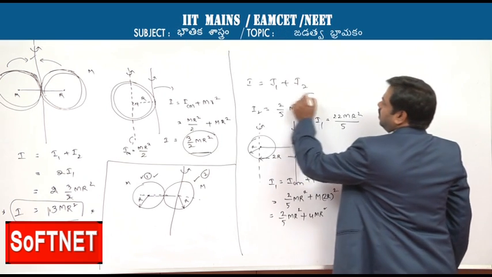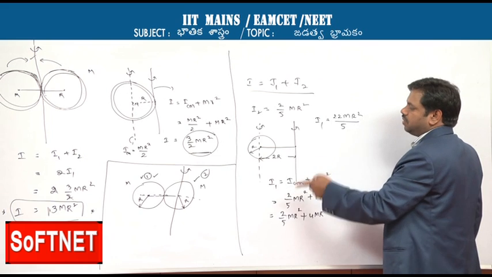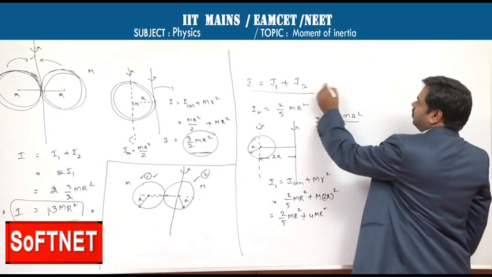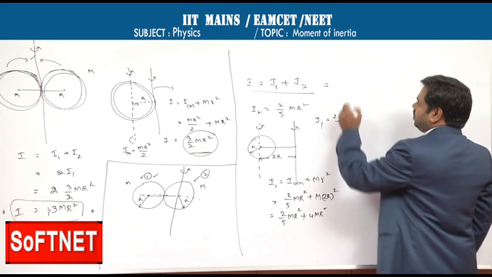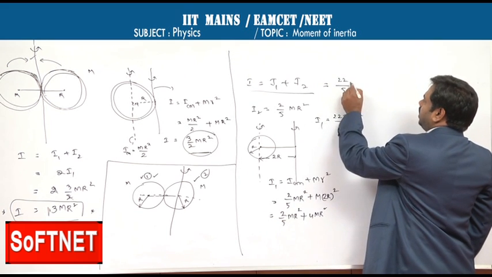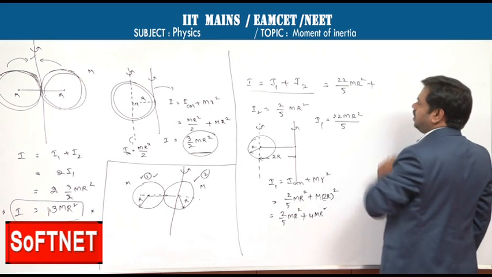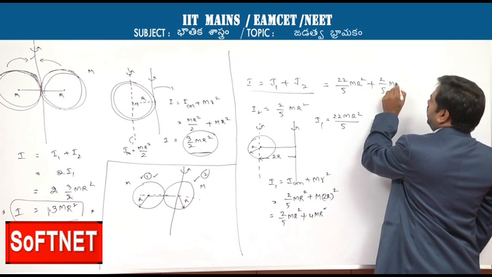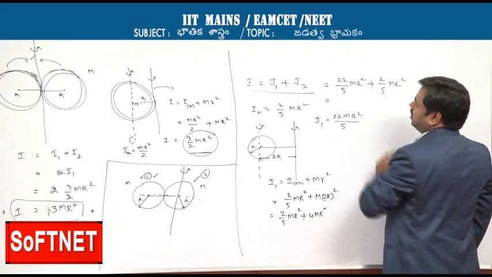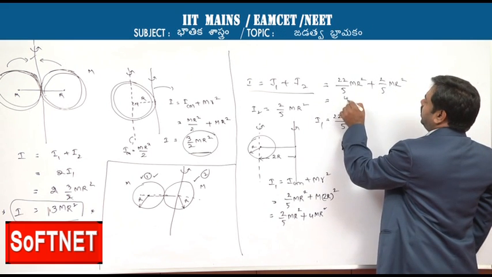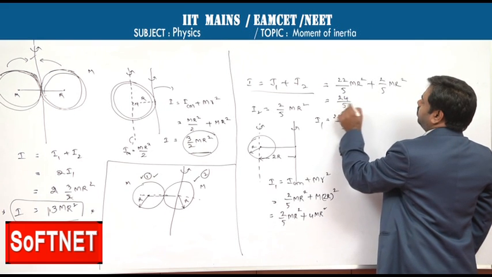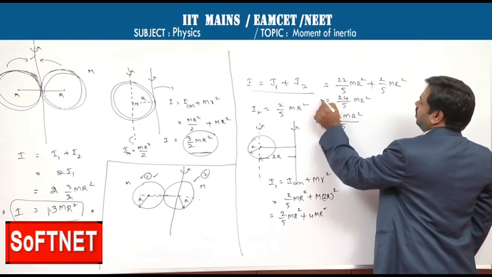Then what is the total moment of inertia of that system about that given axis? I is equal to I1 plus I2. I1 means just now we got 22 by 5 mr square plus I2 means we got 2 by 5 mr square. On simplification, you will get 22 plus 2, that is equal to 24 by 5 mr square.